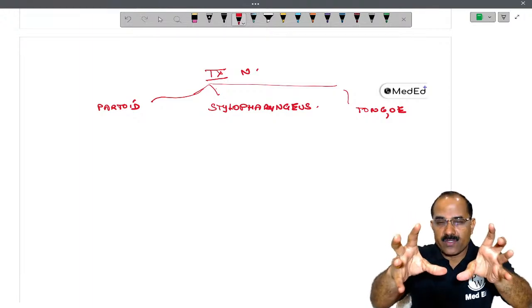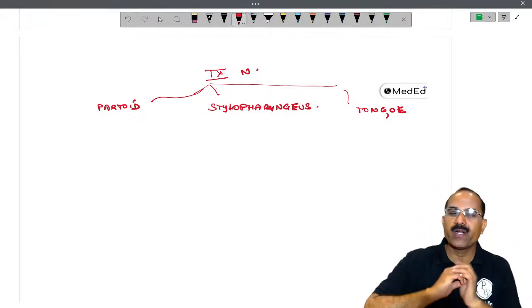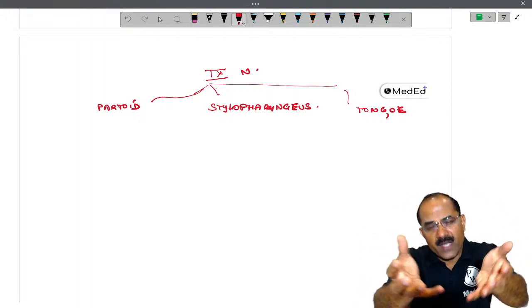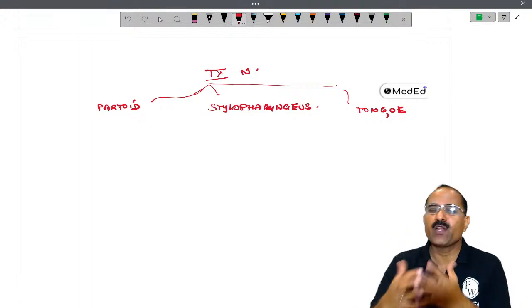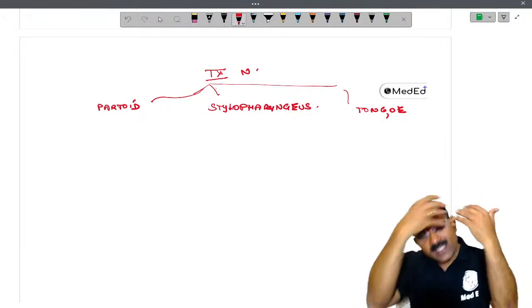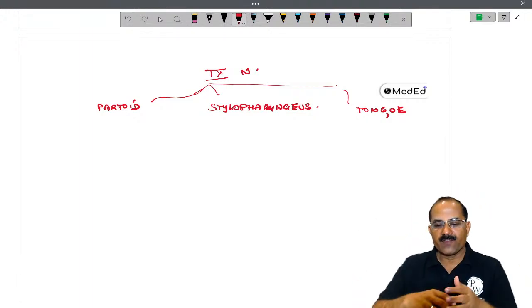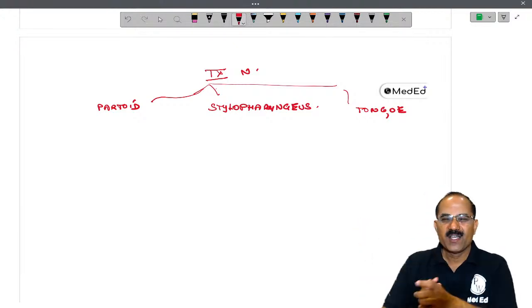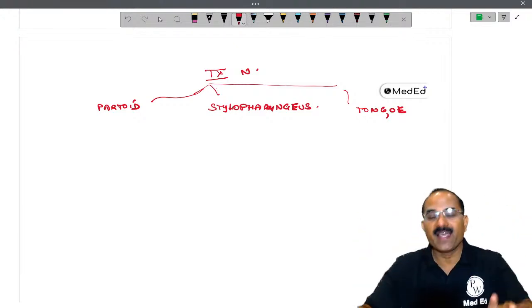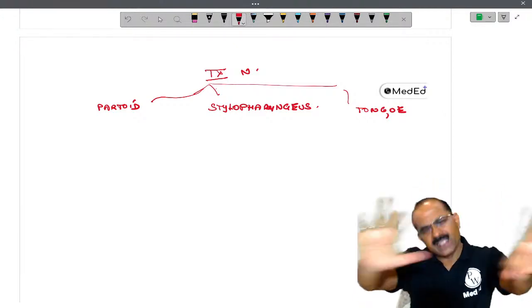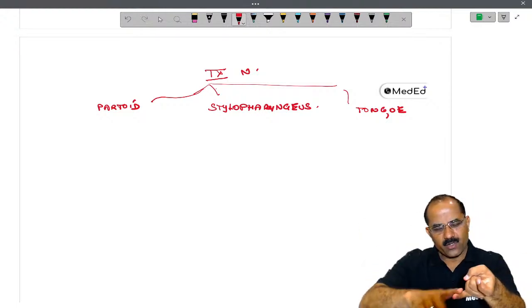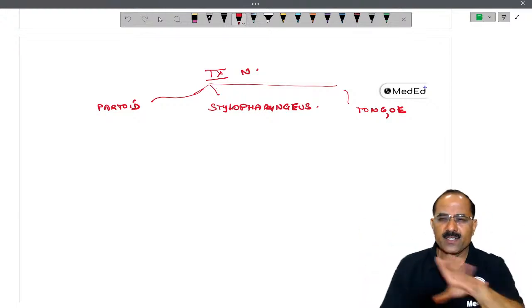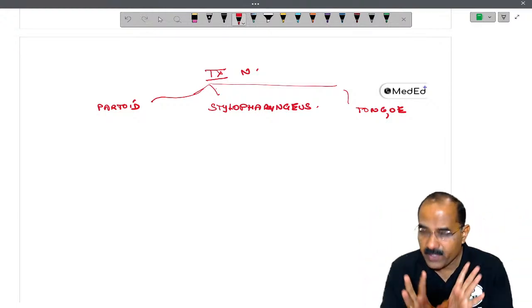One nucleus of the glossopharyngeal nerve supplies the parotid gland, एक दूसरा nucleus stylopharyngeus को supply करेगा, एक तीसरा nucleus tongue को supply करेगा. कोई भी nerve, glossopharyngeal हो या facial, will have many different nuclei.